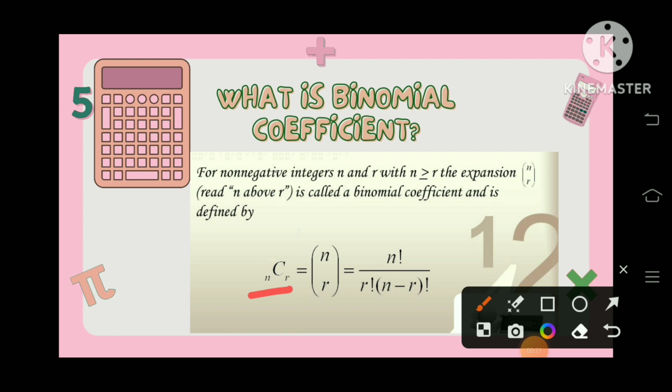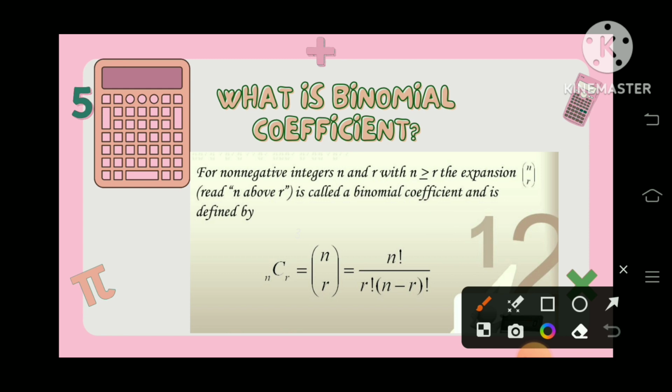The exclamation points are actually part of the formula. So, when we have 4 factorial, what does it mean? 4 factorial is equal to 4 times 3 times 2 times 1.